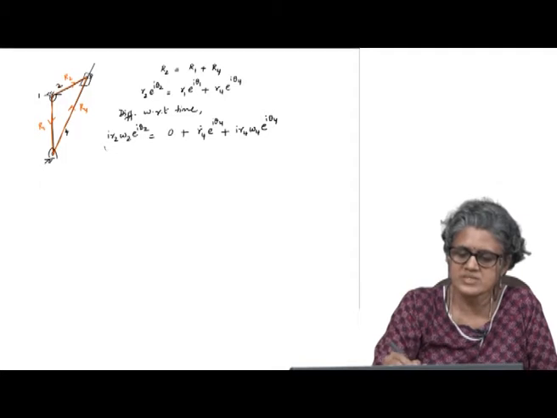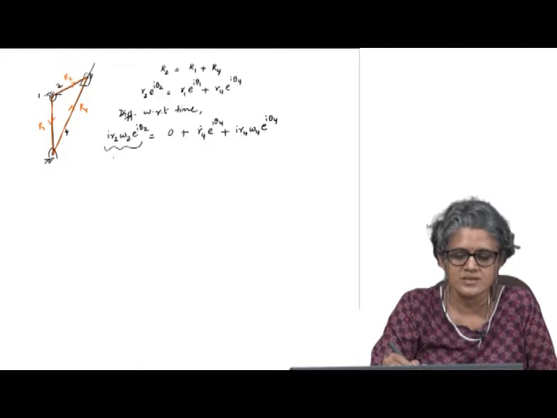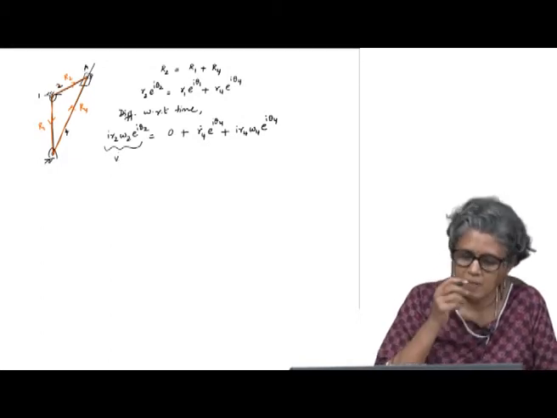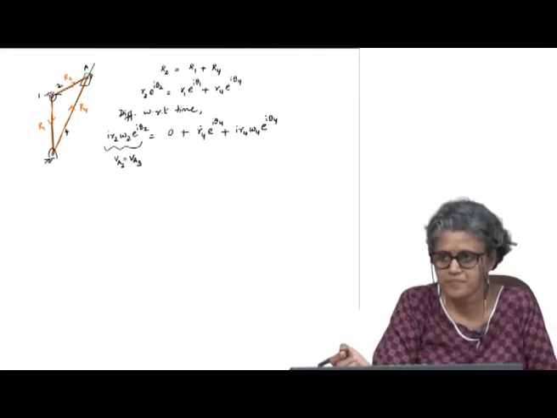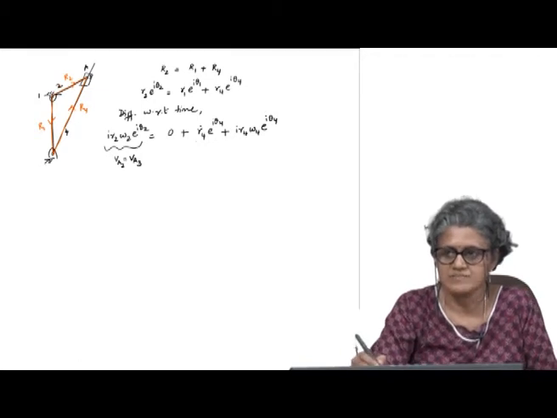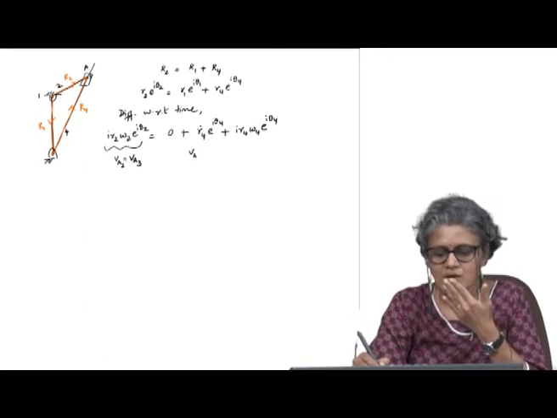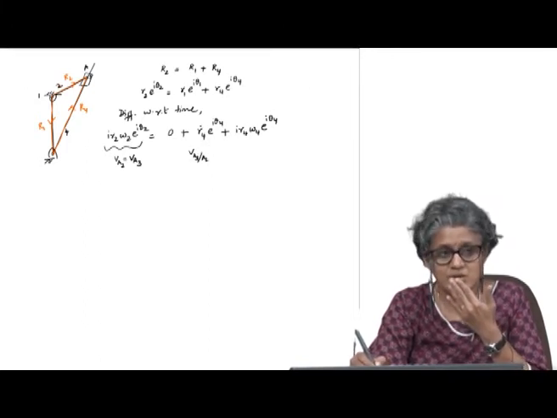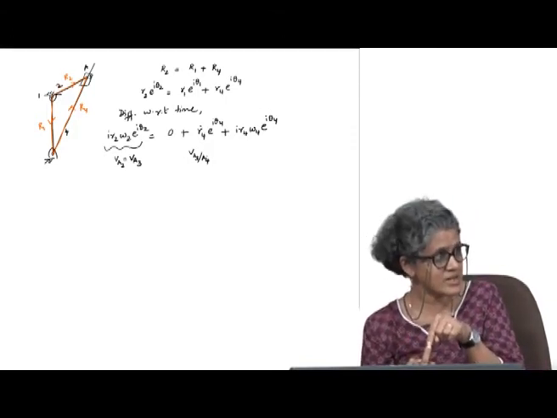Now, if I look at this, this is the velocity of A, A on body 2, which is equal to the velocity of A on body 3. What is this? This is the velocity of A on body 3 with respect to A on body 4, the coincident point at that particular instant.